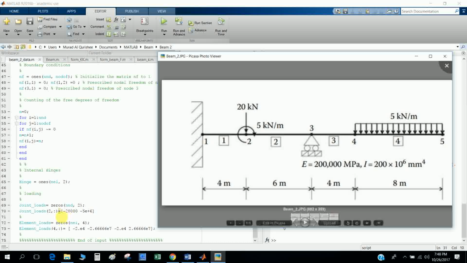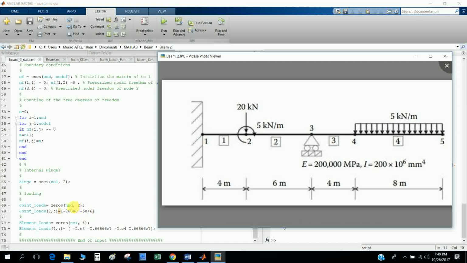And joint load here, at node number 2 the joint load is 20 kilonewton. And then there is also a moment here. You see, I define the joint load as number of node and 2, and make the other joints 0.